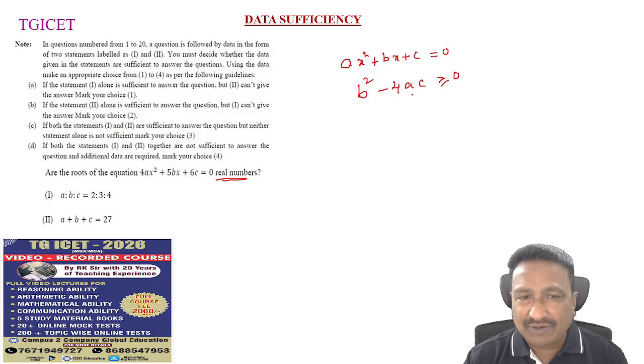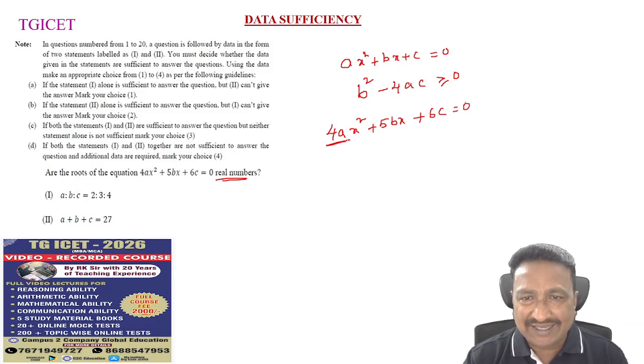Once you have a strong command of the subject knowledge, you can answer data sufficiency easily. In this case we have to decide whether the discriminant is greater than or equal to 0. Let us take the equation 4ax square plus 5bx plus 6c equal to 0.